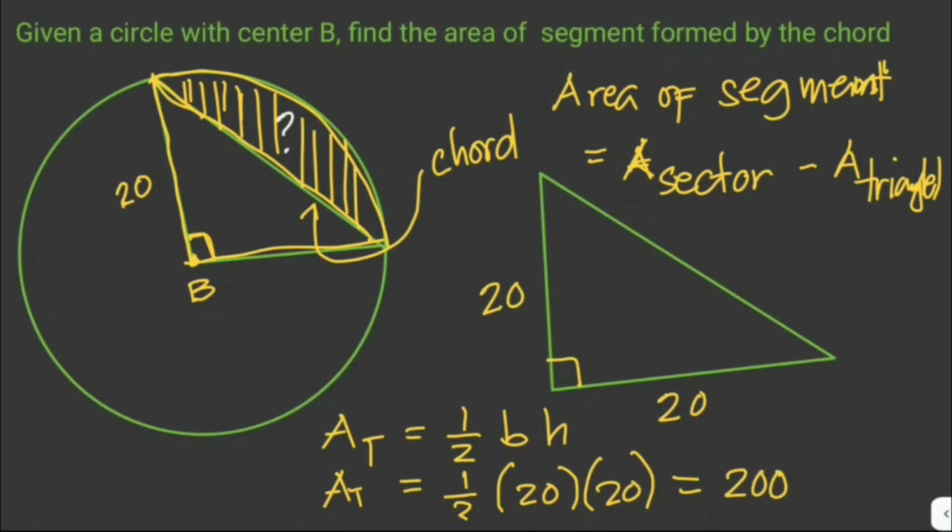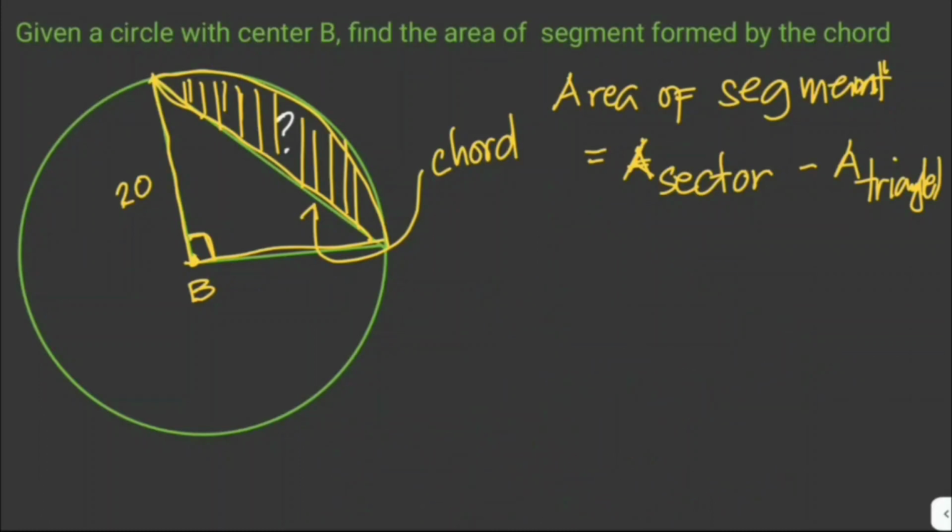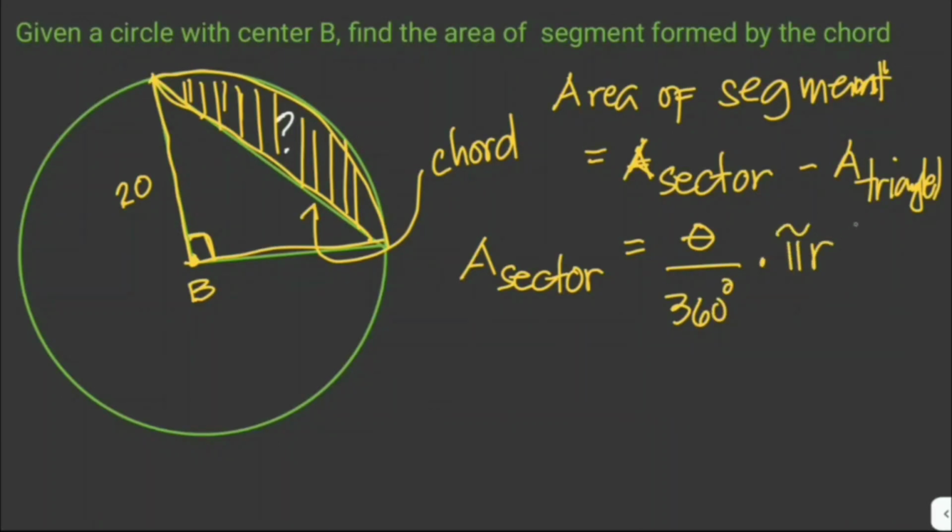And now let's solve for the area of the sector. The area of the sector can be solved as the central angle divided by 360 degrees times the area of the circle, which is pi r squared. And we're given here the radius, which is equal to 20. So we just plug in the value of the radius.